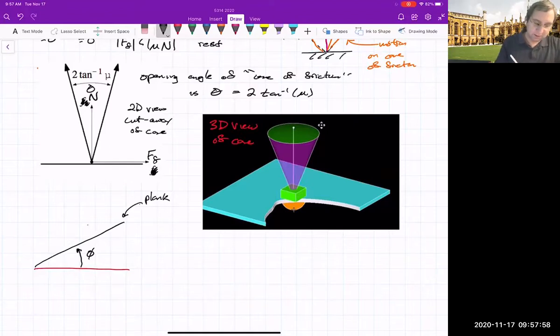For my object here, whatever it is, gravity only points down, but the force of friction only depends on the normal force. So the normal force here is going to be a component of gravity. And we can find out at what angle this starts sliding. That's the inverse tangent of mu.